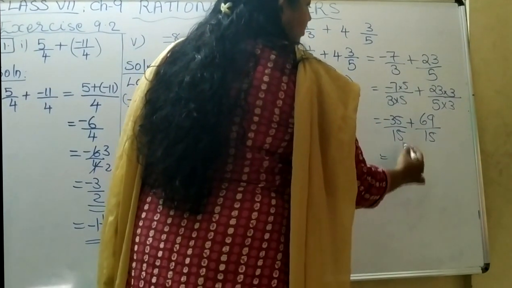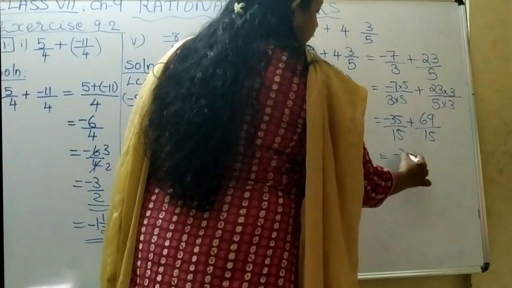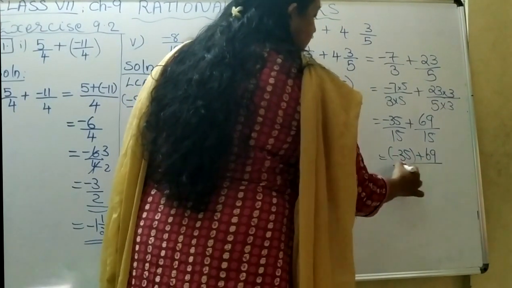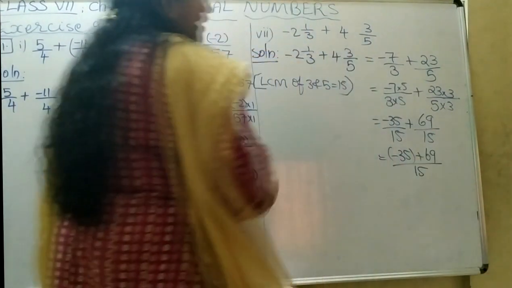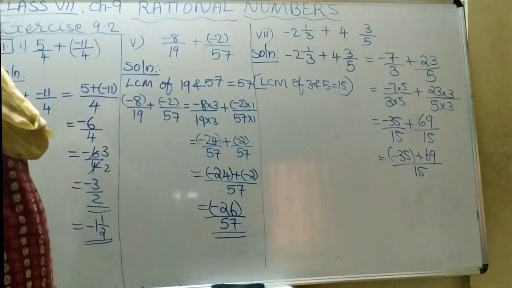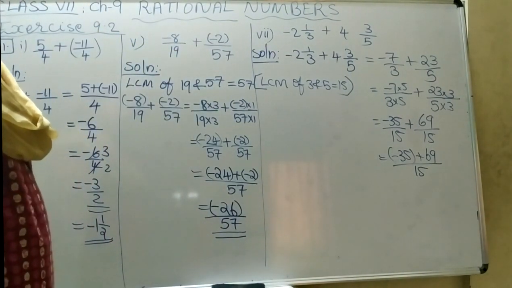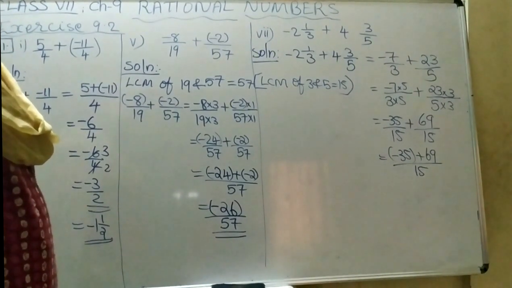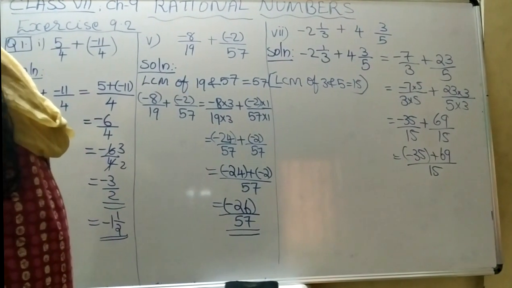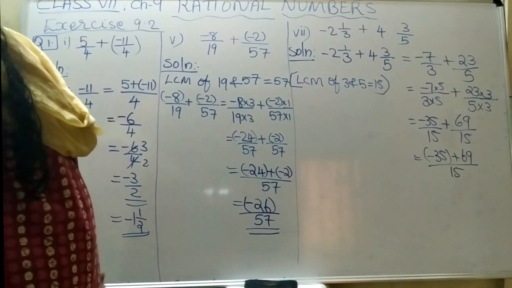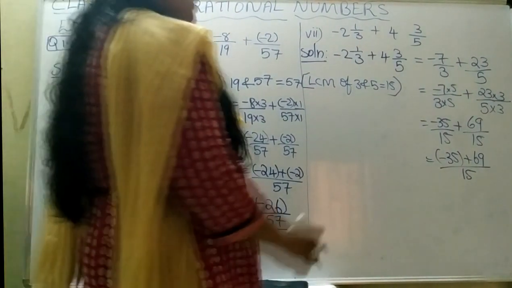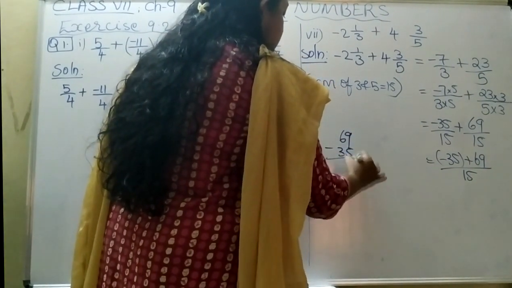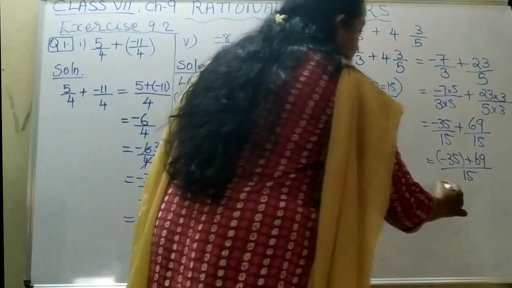In this step, denominators are same. We can add the numerator directly and keep the same denominator. In the numerator, both integers are having different sign. So we can use the rule of addition of integers, that is bigger number minus smaller number and put the sign of the bigger number. So 69 minus 35 is 34.